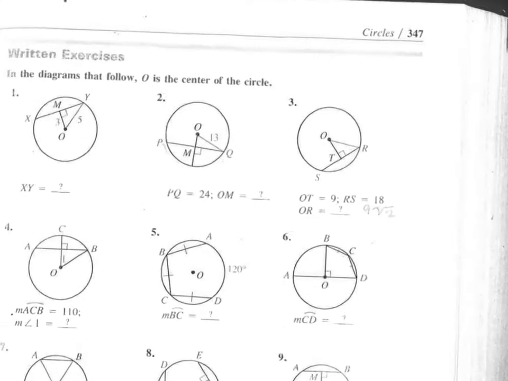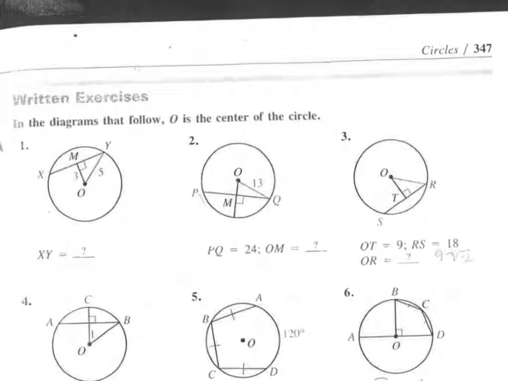Okay, on number 1, let me blow these up a little bit so we can see them more clearly. On number 1, first of all, notice the directions. These directions are significant because they tell us that O is the center of the circle. So that empowers you to have a little bit of information that you would be more comfortable knowing.